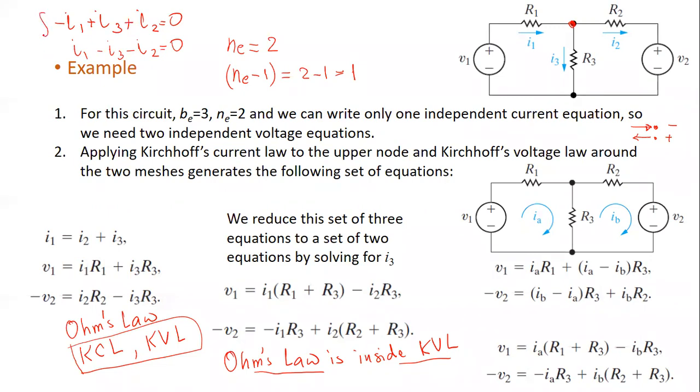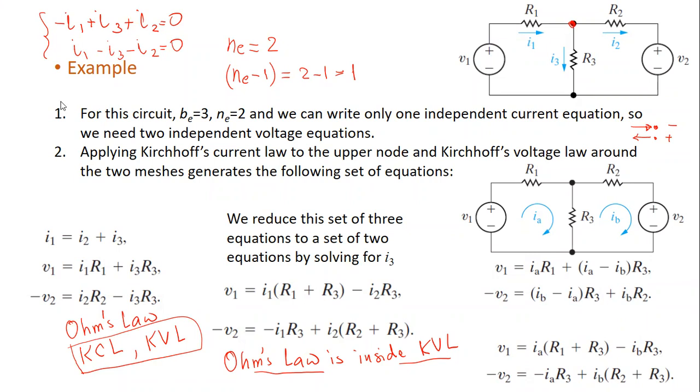If you look at these 2 equations, what do you see? The upper equation is negative I1 plus I3 plus I2 is equal to 0. The lower equation is I1 minus I3 minus I2 equal to 0. So what do you think? I see that I have the same response but opposite polarity.